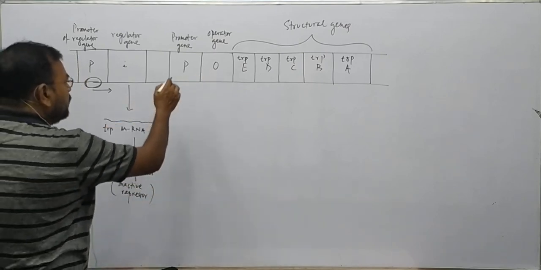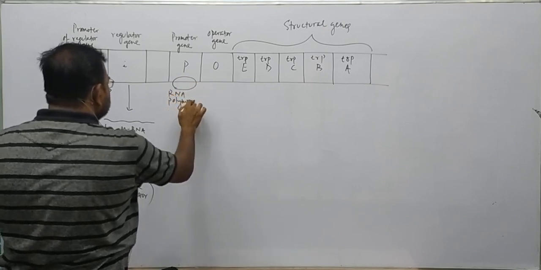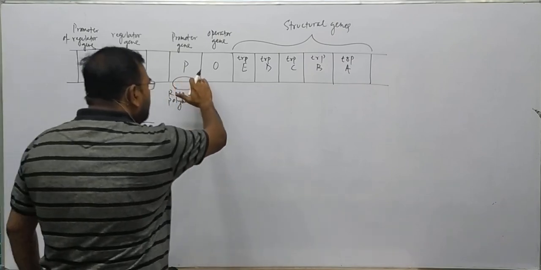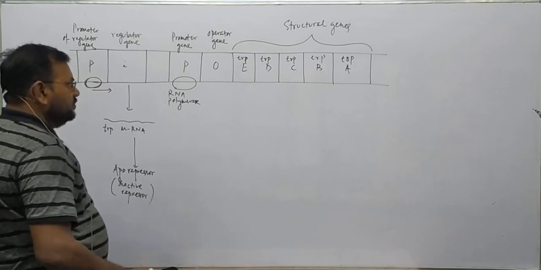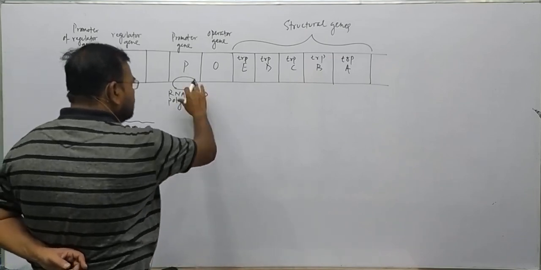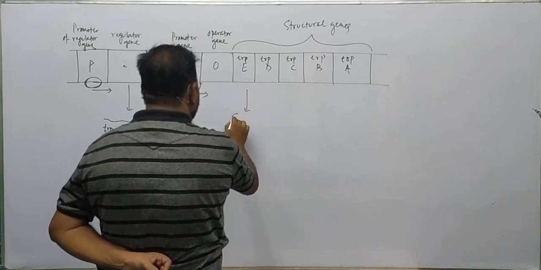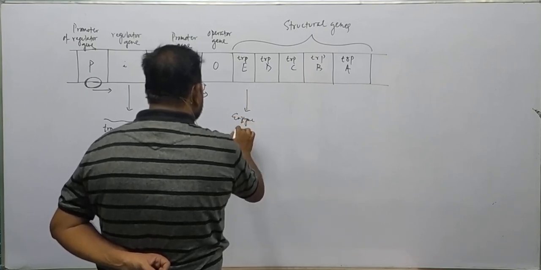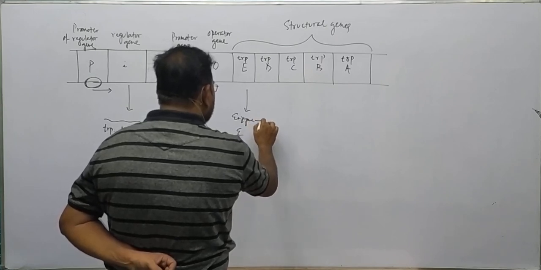Here is also the promoter. Here is another RNA polymerase present. This RNA polymerase moves over the operator and goes to the structural genes to produce the enzymes. So trp E will produce enzyme E, and that enzyme will conduct a certain reaction.